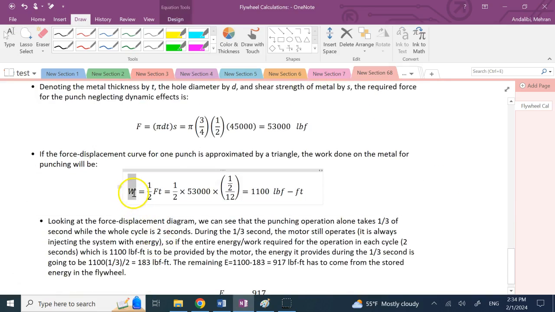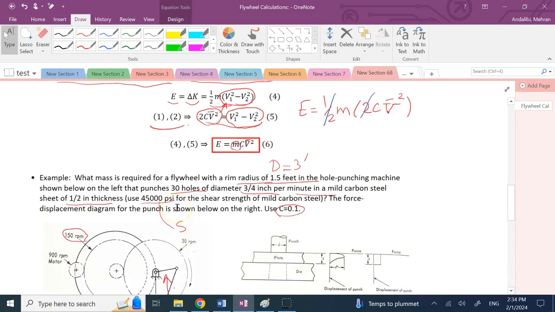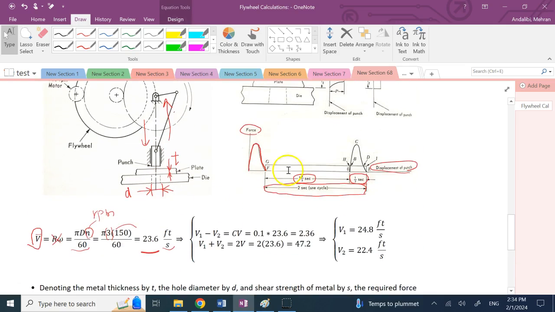Instead of E, I calculate, as I said, the work done on the metal by the punch. And the work done by the metal on the punch is the area under this curve, right? So if I calculate this area under the curve of force versus displacement, this is the total work done on the sheet metal, and this is the energy that should be stored in the flywheel to provide the punching operation.